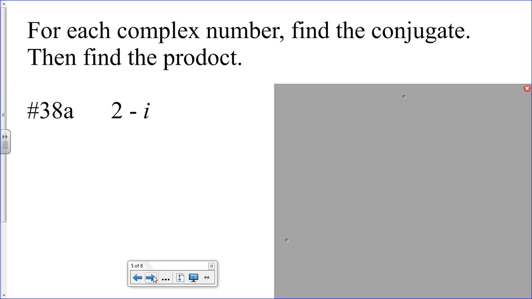Okay, let's talk about conjugates again. Whenever we divide complex numbers, we can't write it in a plus bi form without getting rid of the complex number in the denominator.